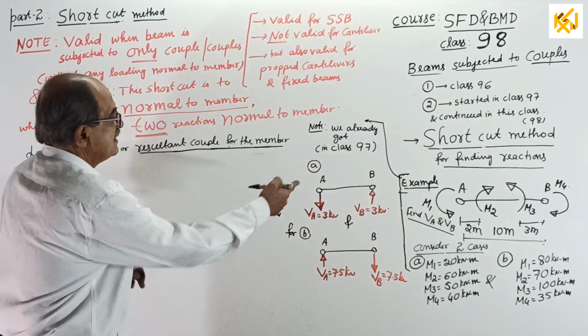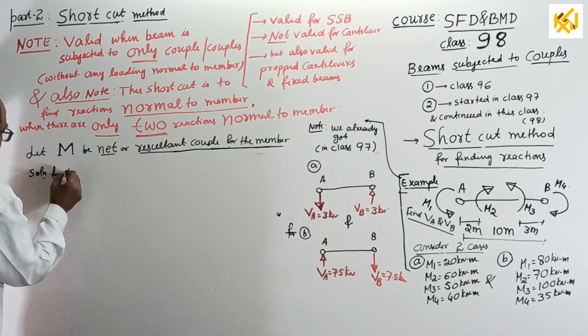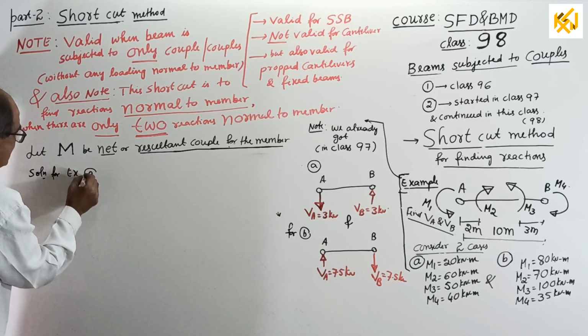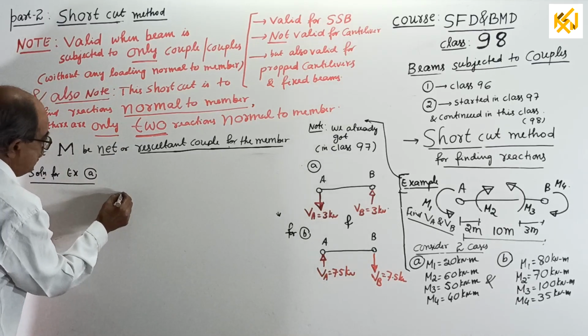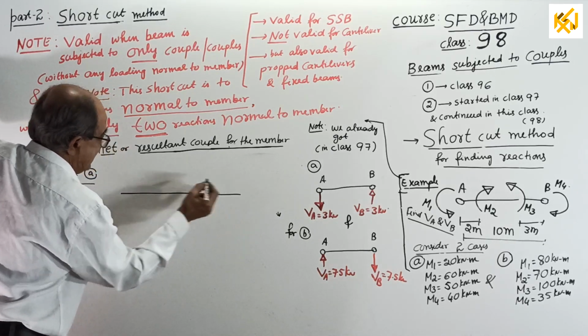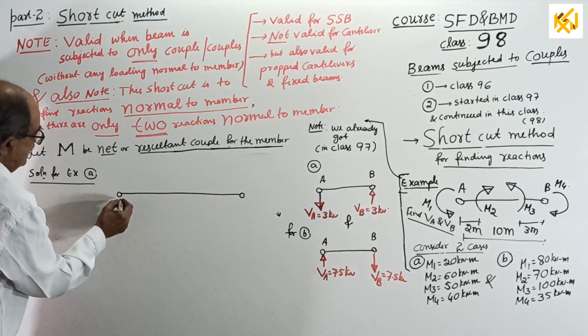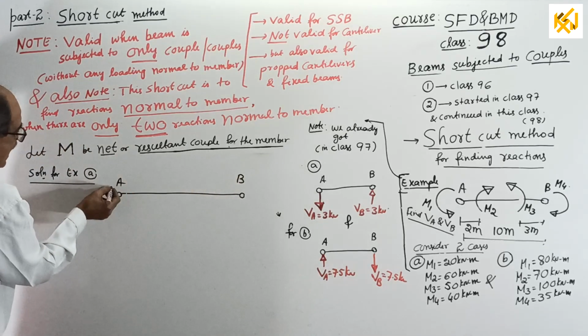Okay, now start. Example 1, solution for example A. See here. First I will do one thing. I will put the beam once again to understand correctly. Put a pin here, put a pin here. This is A, this is B. See now.